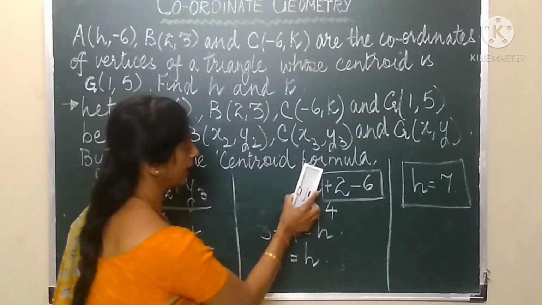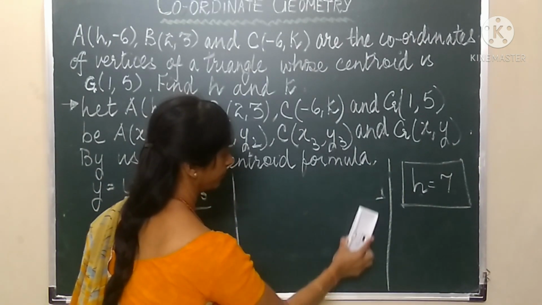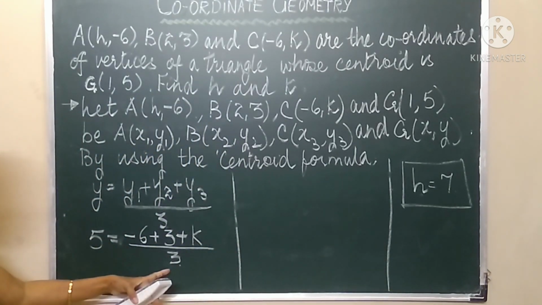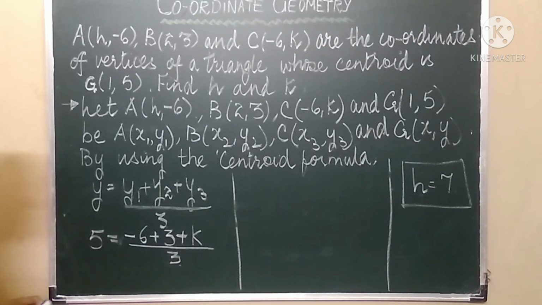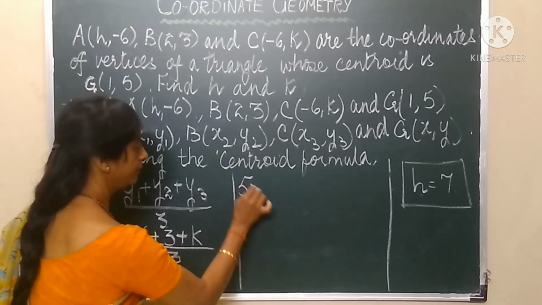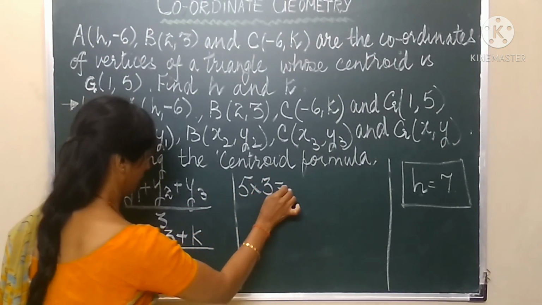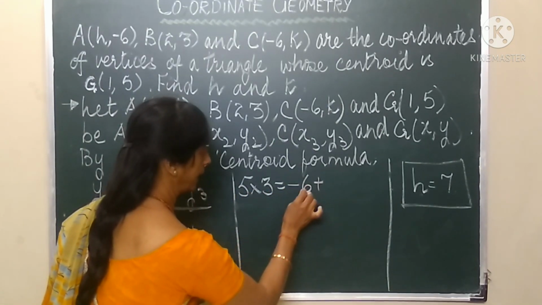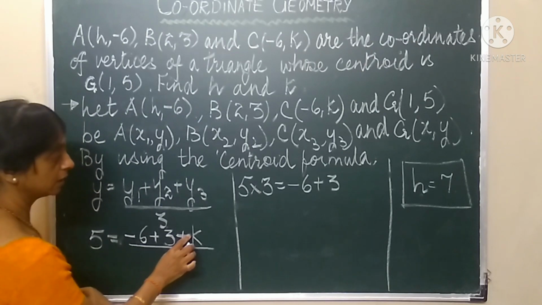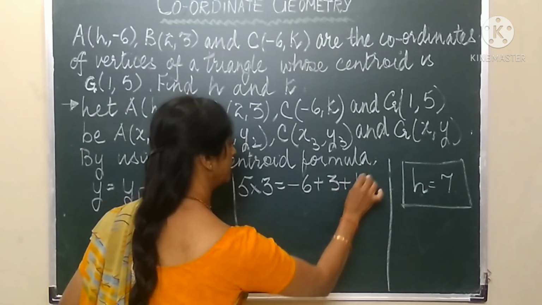To move on with our calculations, 3 is performing division. When it goes on the other side, multiplication. So 5 into 3 will be on the right hand side, left with minus 6 plus 3 plus k.